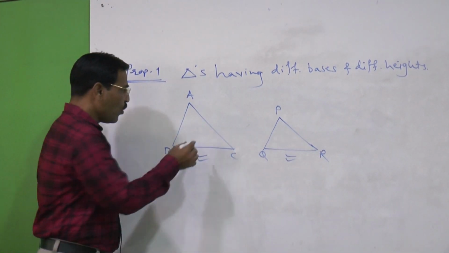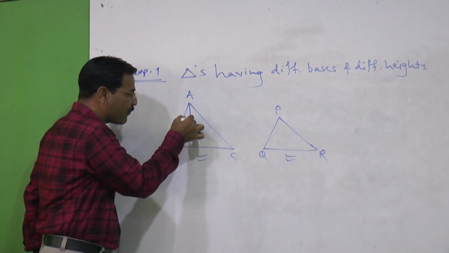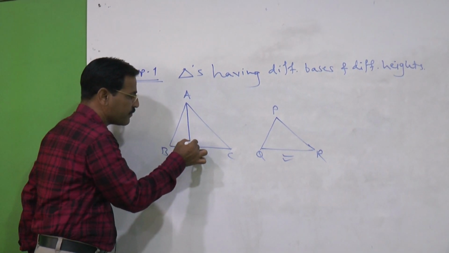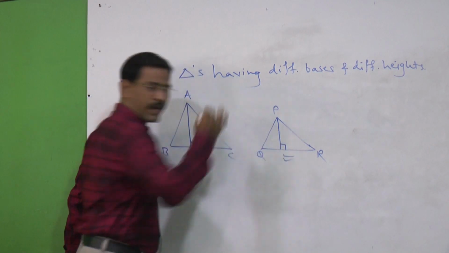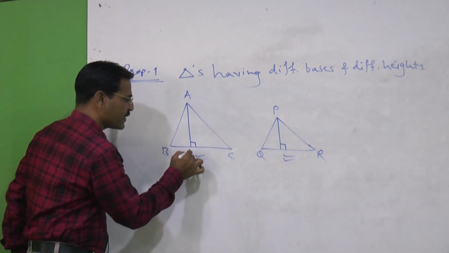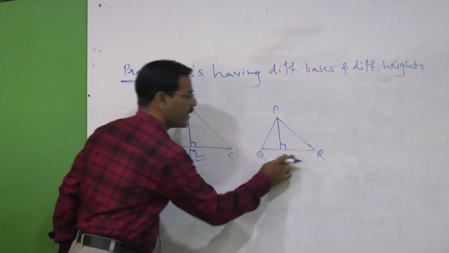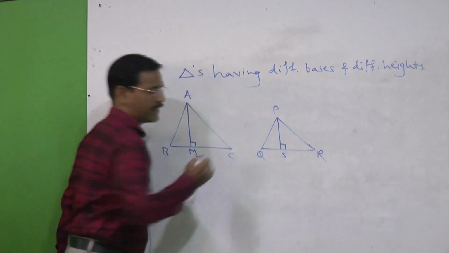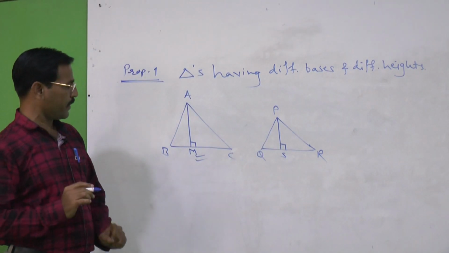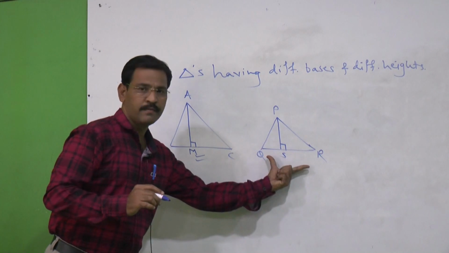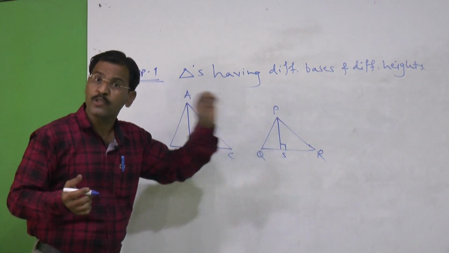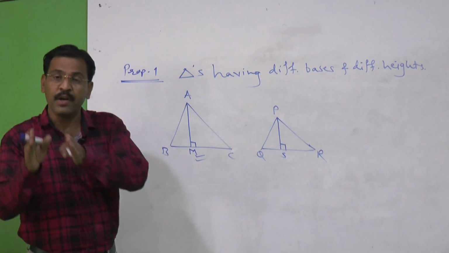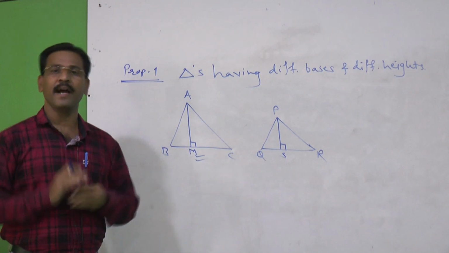Now we have to take the height from the opposite vertex here, and here also. I'll write here, suppose AM is a height and here PS is a height. Now look here, BC and QR look different, and AM and PS are also different, which means they have different bases and different heights.